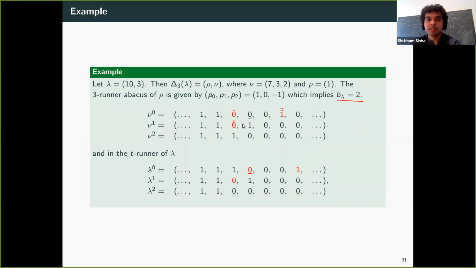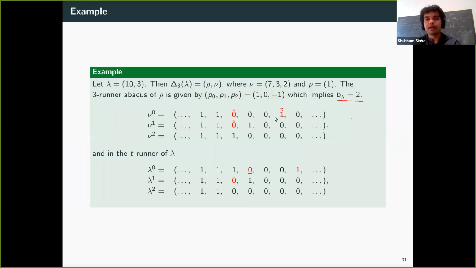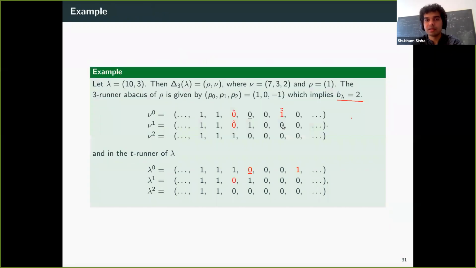The canonical smoothing will consist of just 2 cells, and these are precisely the 2 cells. Now, why did we take this strange definition of looking at the maximum of Pi minus Pj?